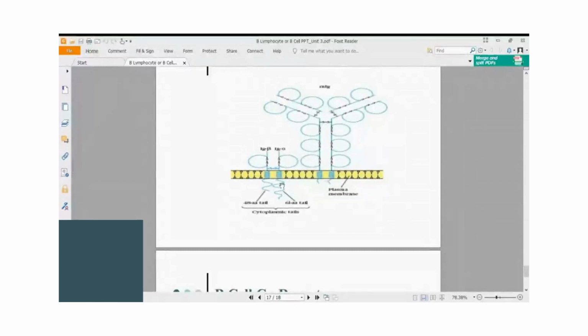IgG has 26 amino acid residues in the cytoplasmic domain, but IgM does not have it. So these two co-receptors, which are subsidiary receptors, facilitate the signal transduction. All right, and because of these receptors, the signal transduction could take place.